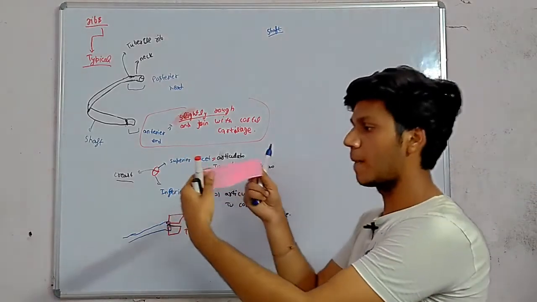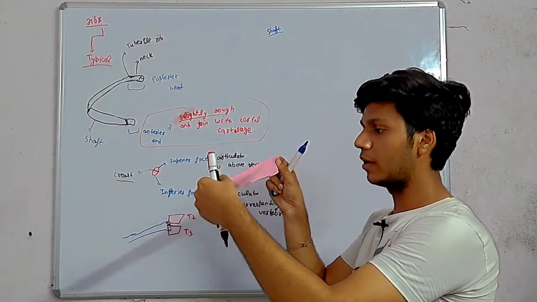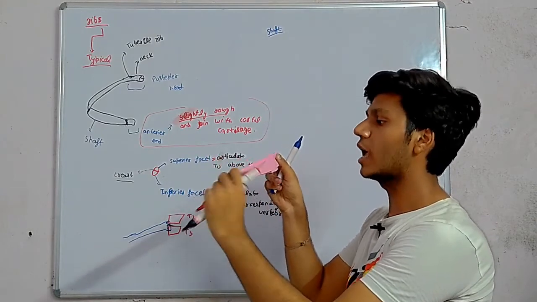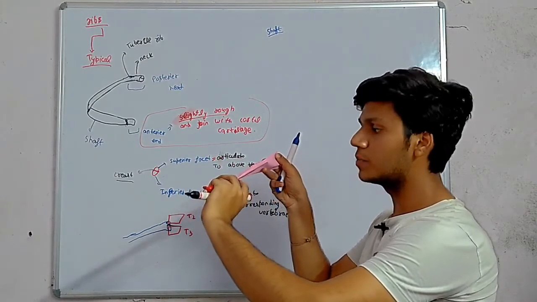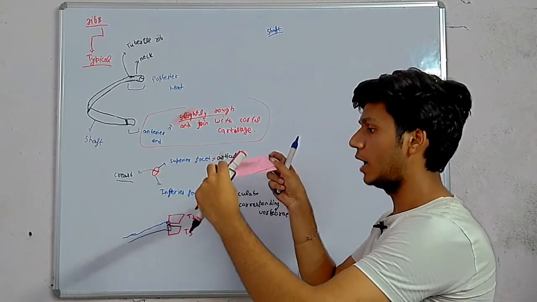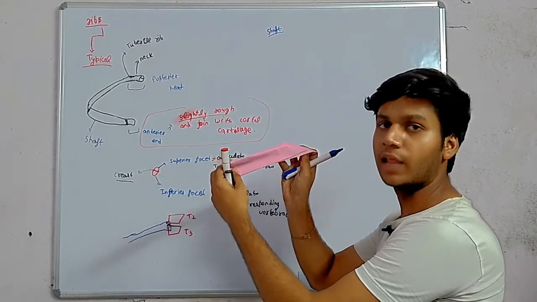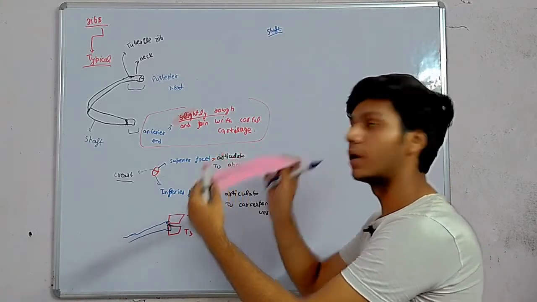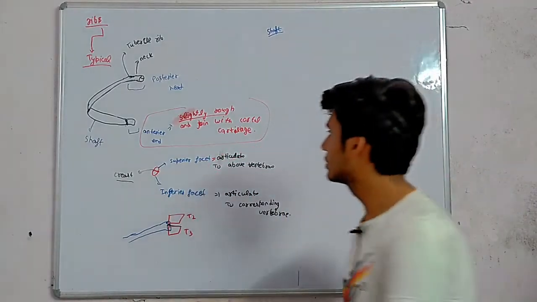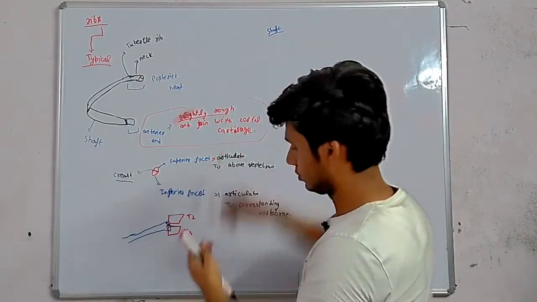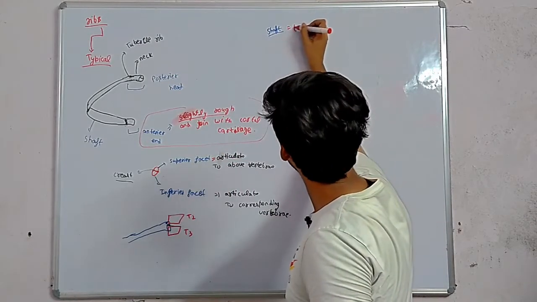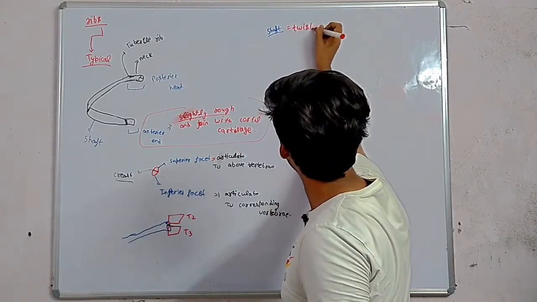Let's say this is the rib. So a twisting angle is generated here. In the rib shaft, twisting is present.